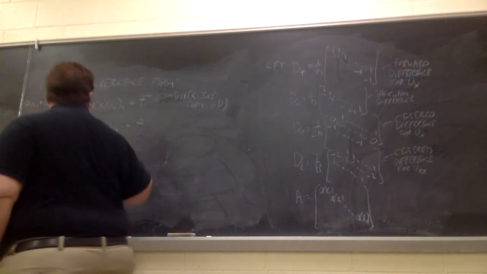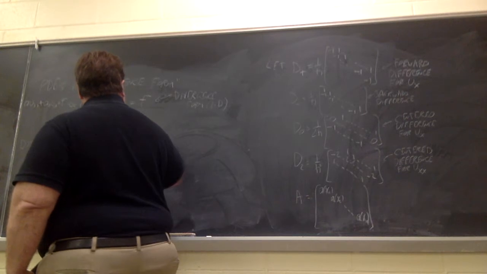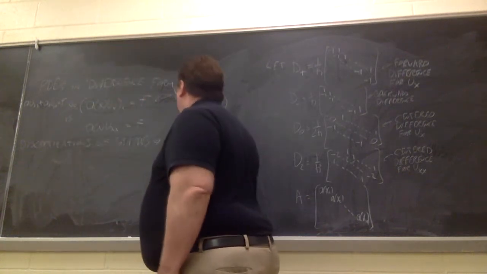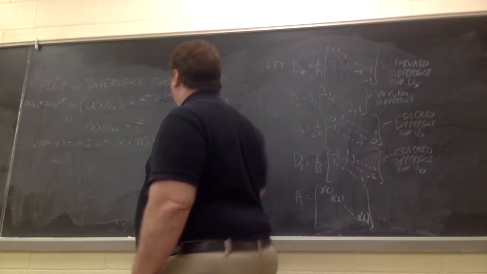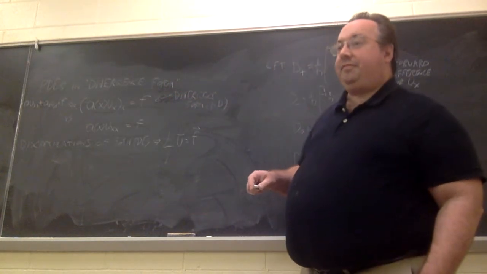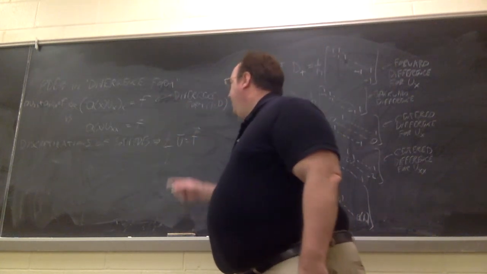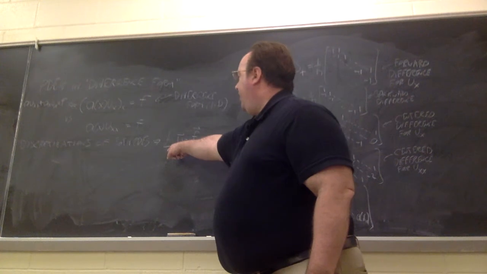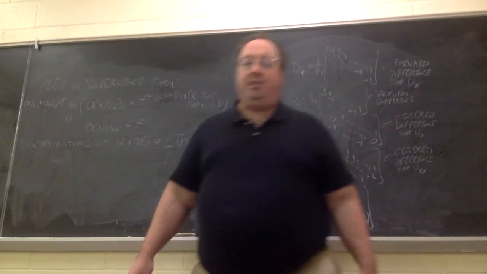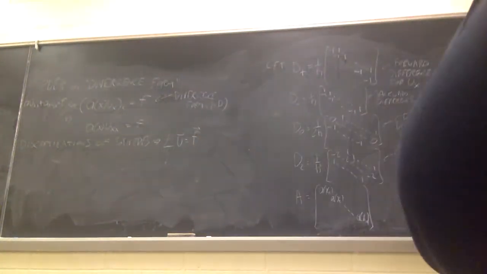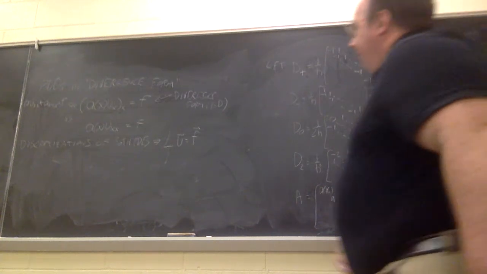The discretizations of both PDEs give a system of this form, LU is equal to F. Where vector F comes from the right side, U represents the solution, and L represents whatever differential operator is shown here on the left side of the PDE. So L is a matrix, so how do we get that matrix?